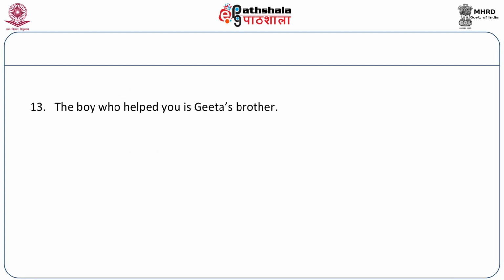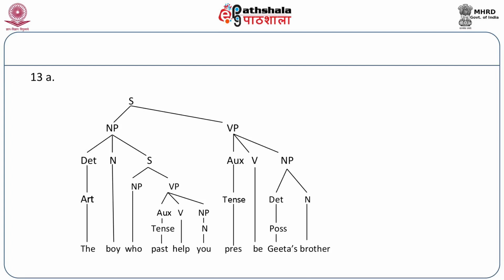Now let us consider two more sentences, 13 and 14. The boy who helped you is Geeta's brother. The boy whom you helped is Geeta's brother. Let us now draw a tree for the first sentence. The boy who helped you is Geeta's brother.